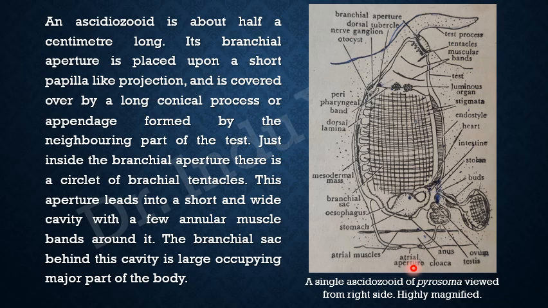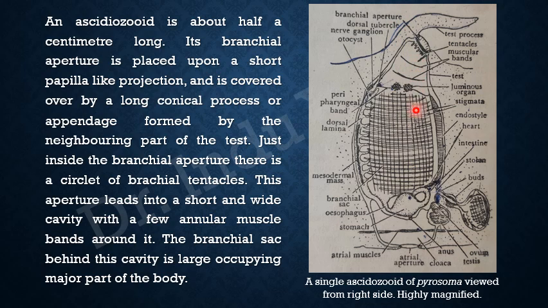So now let's do the detailed structure of the single individual. Now the alignment of the animal is along the animal's antero-posterior axis. This is the anterior end and this is the posterior end. The branchial aperture is present on the anterior end, and the atrial aperture is present at the posterior end.